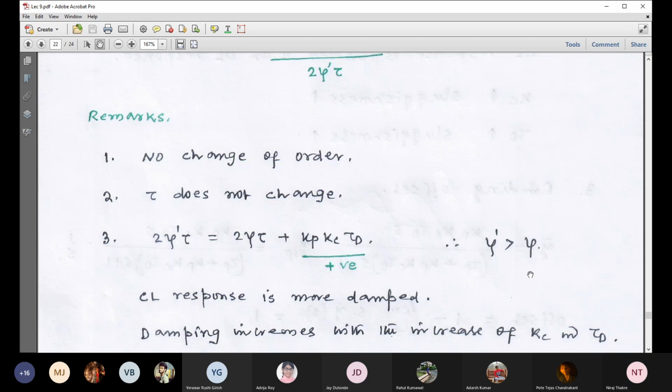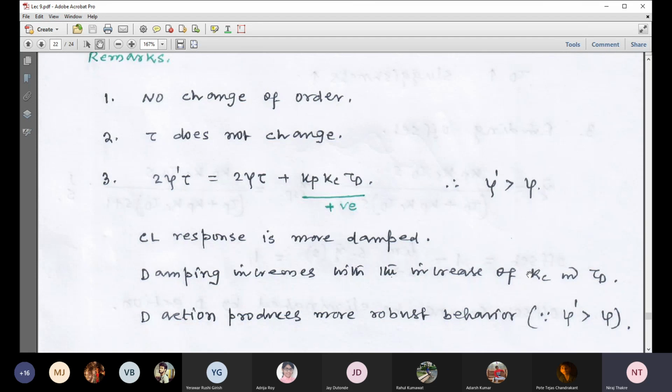It is just reverse compared to proportional action and integral action. Earlier we have seen that if we increase Kc, we get faster response. But in this case, it is just reverse. If we increase the Kc value, proportional action provides faster response, integral action also provides faster response, but derivative action pulls back the response.